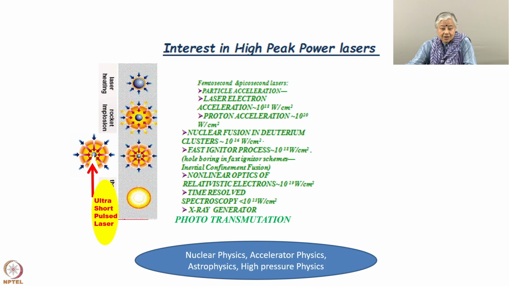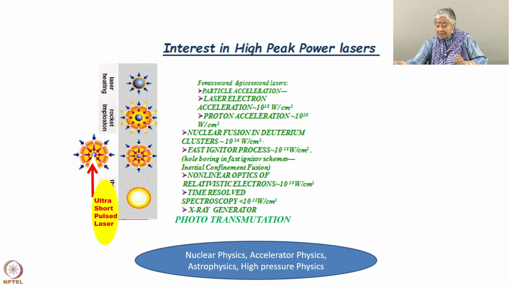So, basically a lot of fields in nuclear physics, accelerator physics, astrophysics, high pressure physics, all this opens up. That is why people have a lot of interest in high peak power lasers, and they continue to endeavor to get the best out of chirped pulse amplification systems.